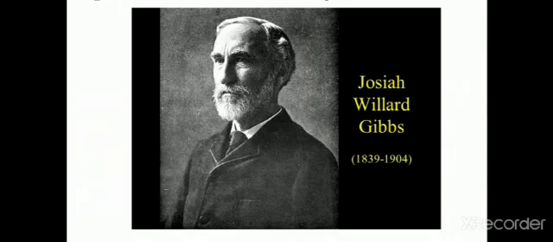Students, let us have some information about the great scientist. Josiah Willard Gibbs was born on 11th February 1839 and he died on 20th April 1903. He was an American scientist who made significant theoretical contributions to physics, chemistry, and mathematics.